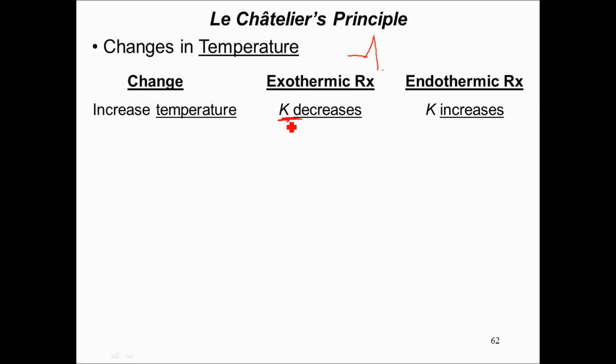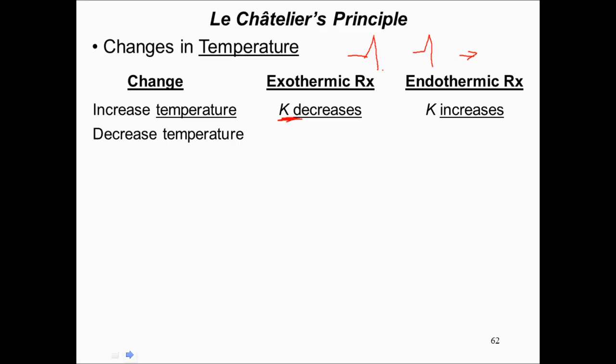In an endothermic reaction, though, remember, heat would actually be a reactant. So if you increase the heat, the system will try to decrease the heat and shift towards the right. So you will get an increase in K.